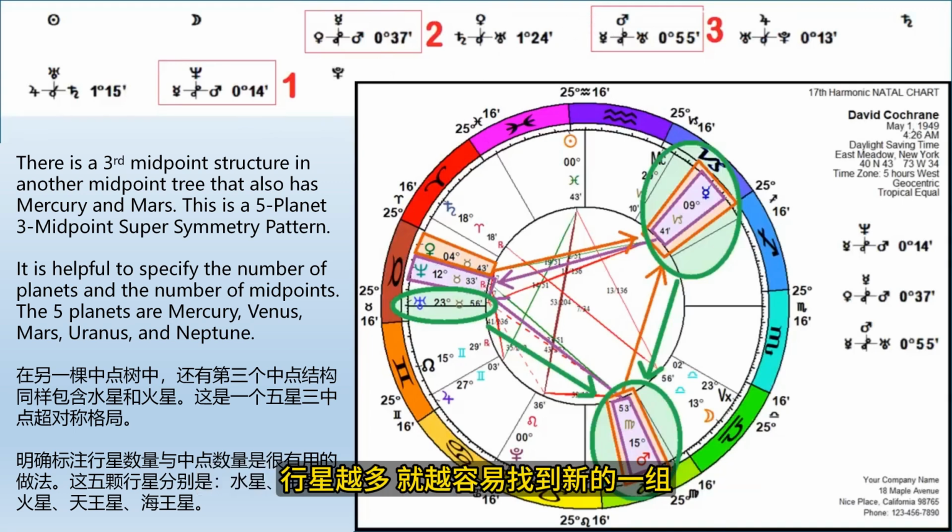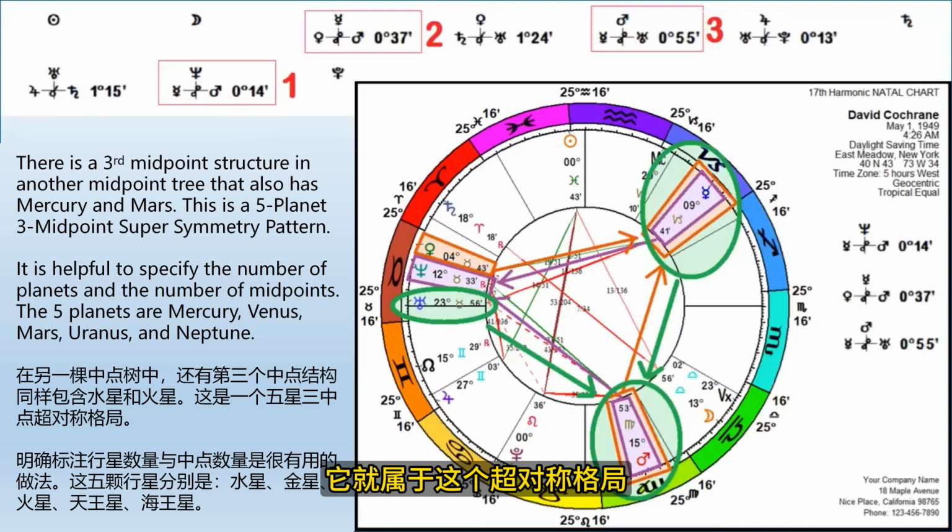Well, the more planets you have, the more likely it is that you'll find another one. You know why? Because we have 5 planets: Mercury, Venus, Mars, Uranus, Neptune. If another midpoint structure has any 2 of those 5 planets, it is in the configuration as well.